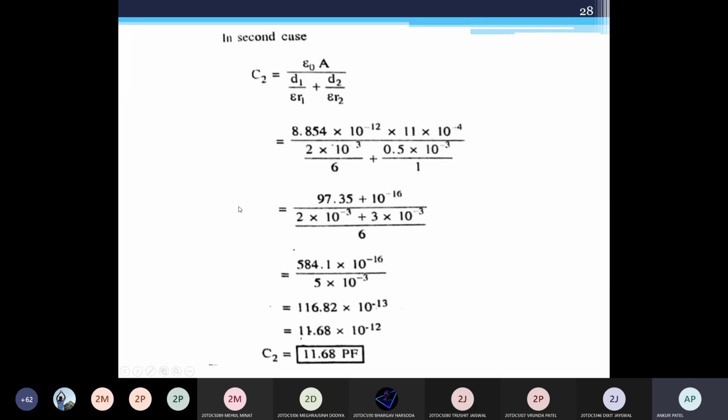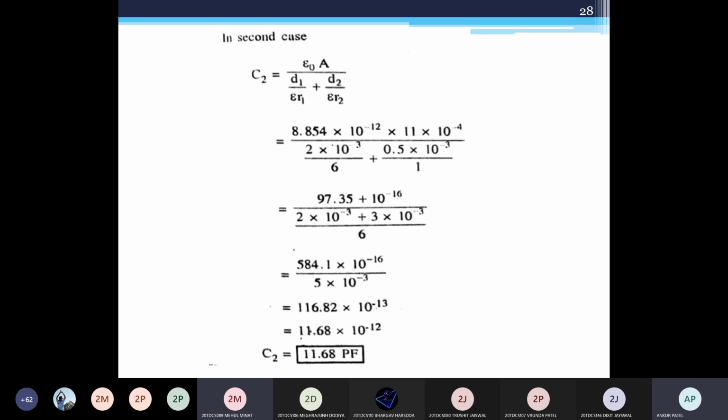For the second case, you can use these equations, or you can use other equations also, d minus t by, or here two media are given, then you can use this equation also, epsilon 0 into A by d1 upon epsilon r1 plus d2 upon epsilon r2. By substituting this, you will get C2 is equal to 11.68 picofarad. Are you getting this answer?